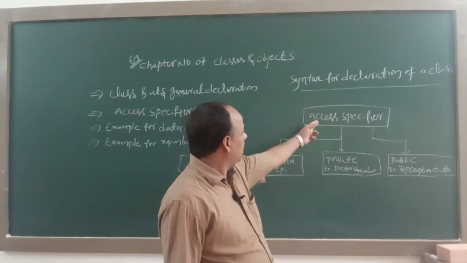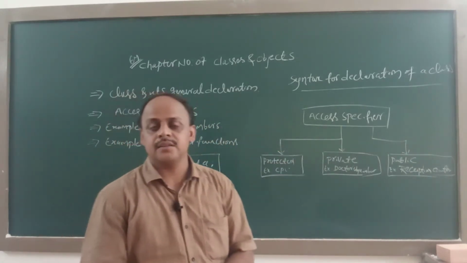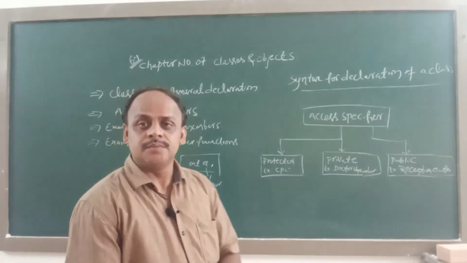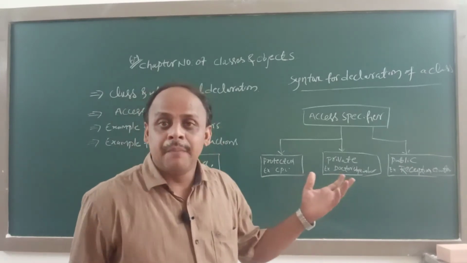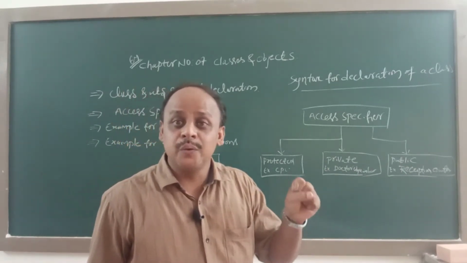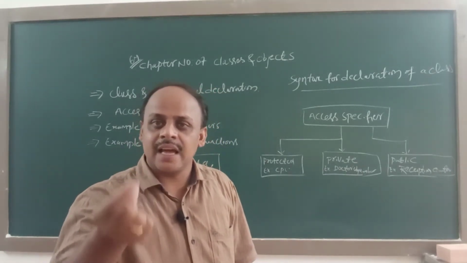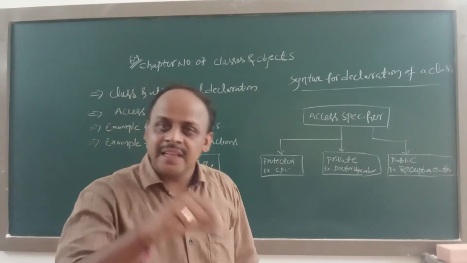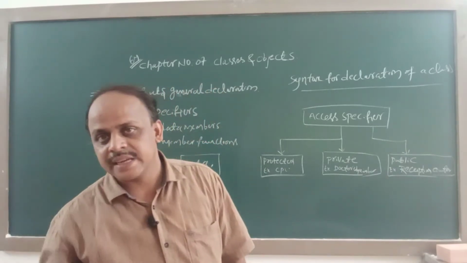See here, access specifier means what? Access specifiers are nothing but they are going to control the members of a class. Means access specifiers are going to decide whether that member of a class is accessed within the class, or within the class with the friend function, or within the class as well as outside the class.